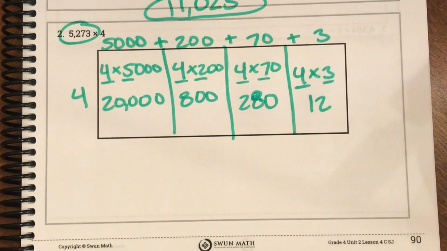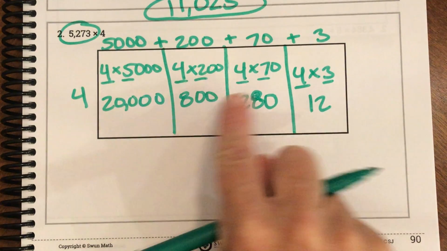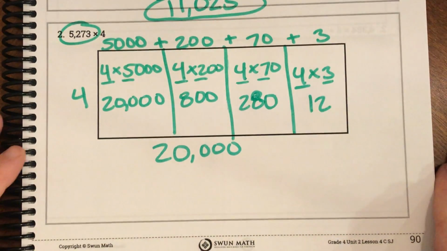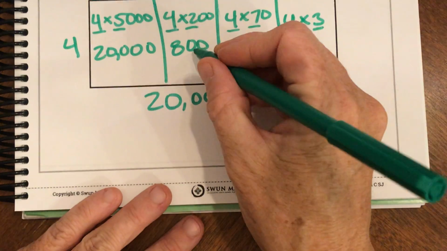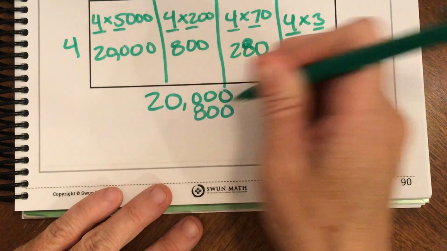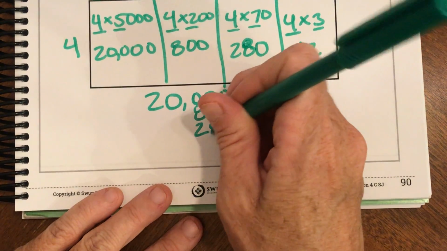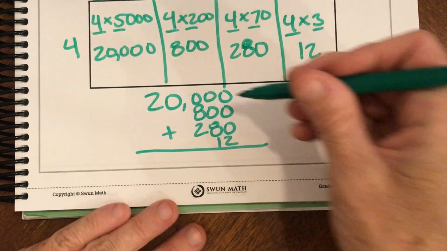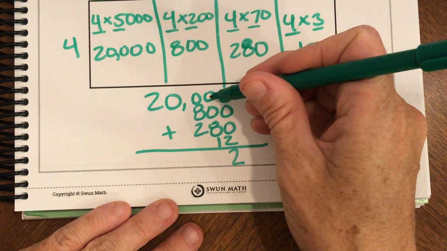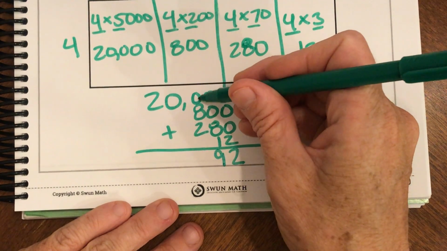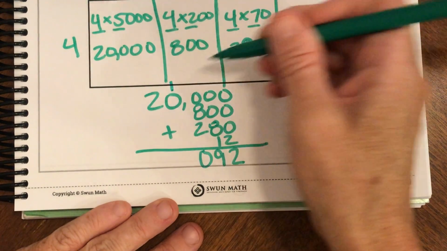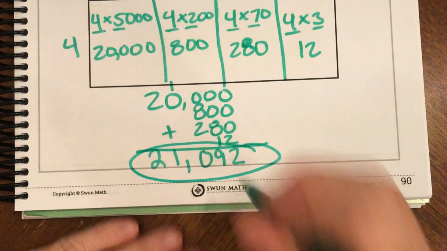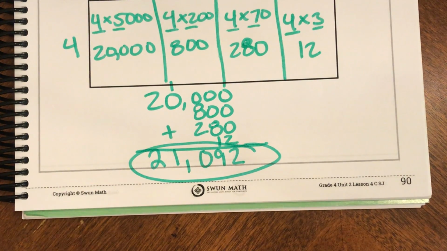Okay, so ladies and gentlemen, now we have to add up our partial products. So we have 20,000, I'm going to scoot it up a bit, plus 800, plus 280, plus 12. Okay, so in our ones we have a 2, a 9, a 10, a 1, and a 2. So I'm getting 21,092 as my answer.